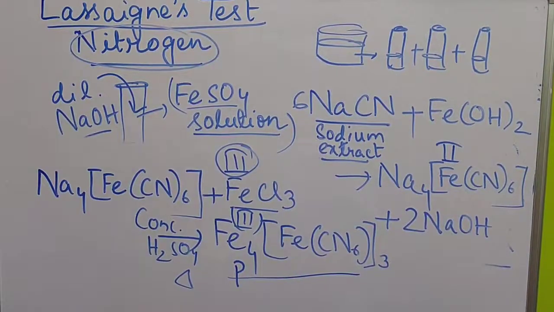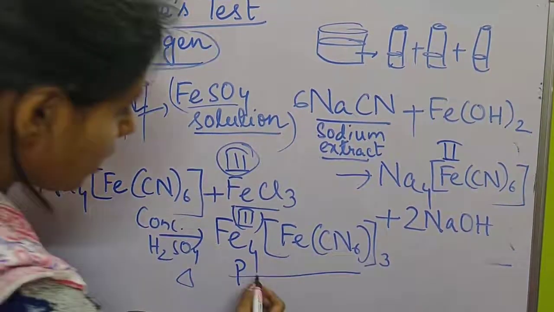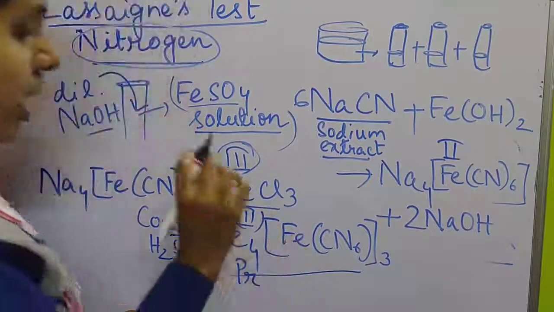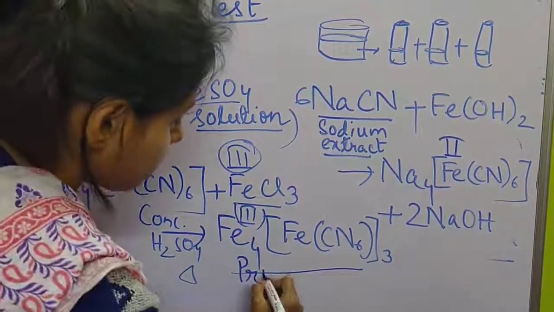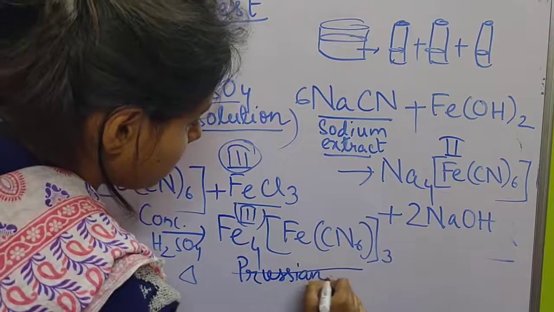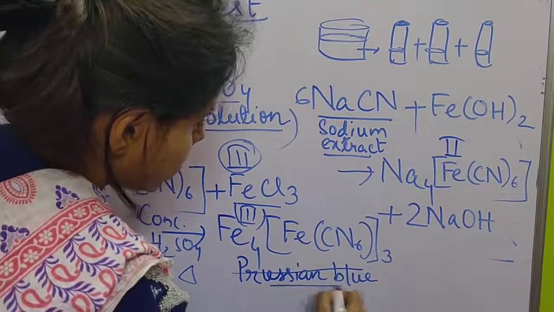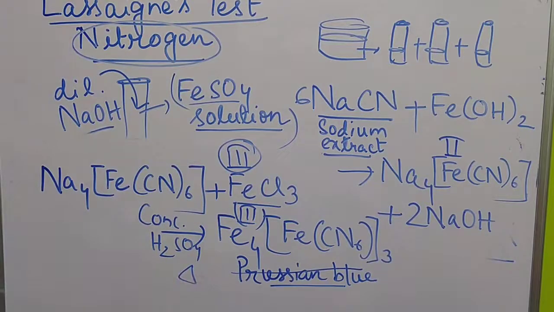What is Prussian blue color? Prussian blue is a very deep blue color, or teal green, or a color that is a little bit deeper. So if we get this Prussian blue color at the end of this reaction, that means nitrogen is present, and this confirms that nitrogen is present in the compound.